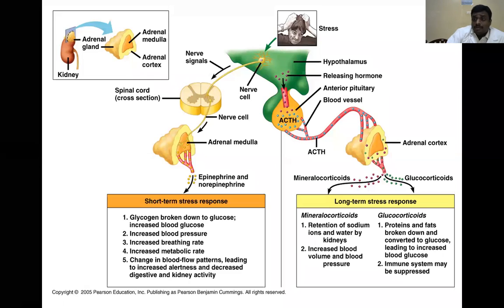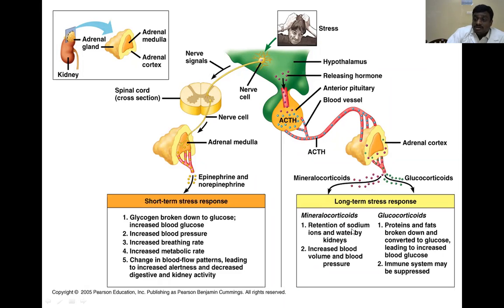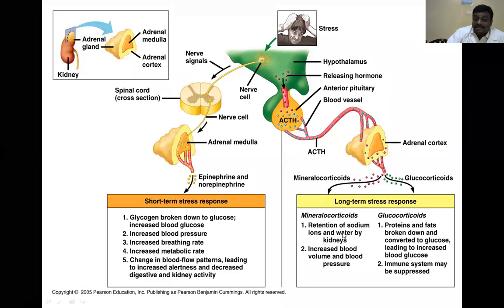glucocorticoids and also mineralocorticoids. The function of mineralocorticoids is the reabsorption of sodium ions and water in the kidney. So more sodium reabsorption and more water reabsorption take place in the kidney. Next is increased blood volume and blood pressure.